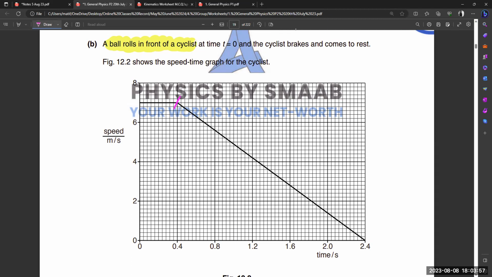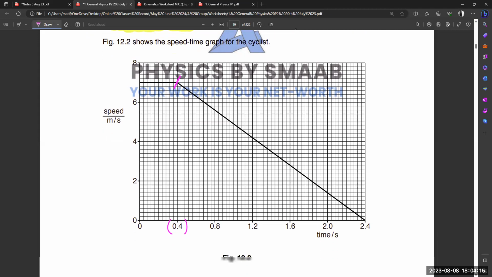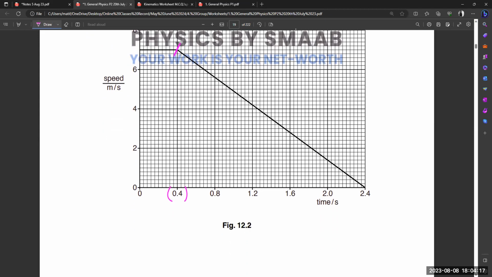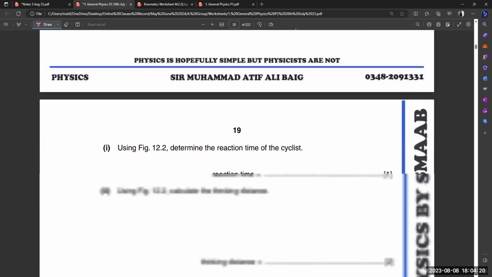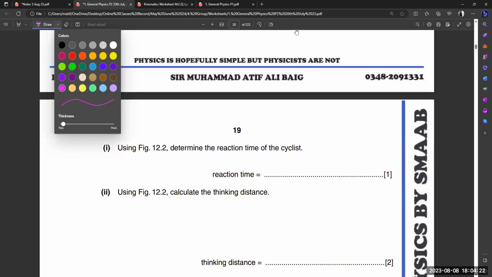After this specific point, it starts to apply the brake, because at 0.4 seconds we start to think and react, and it will take time to completely come to the rest state. So this is related to the thinking distance, or the reaction time. So 0.4 second is your reaction time.